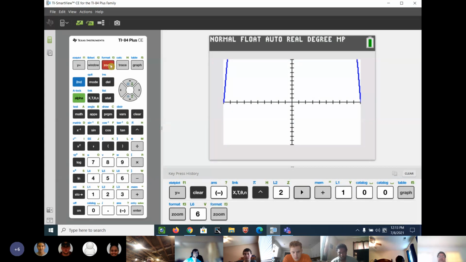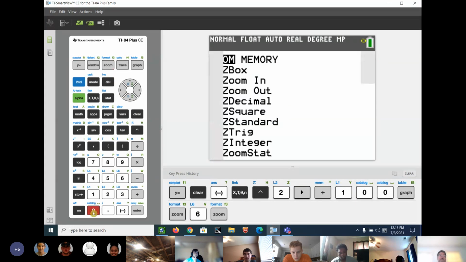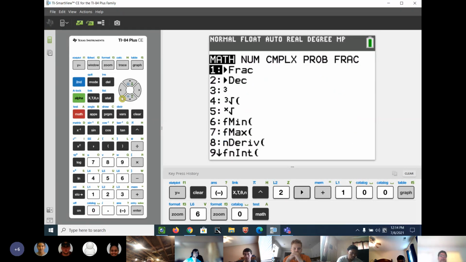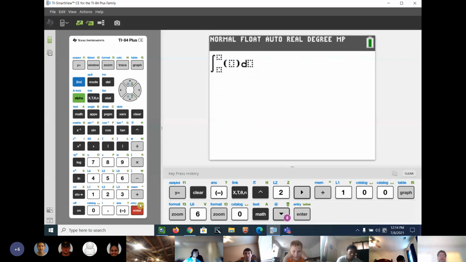And we know it's negative 10 to 10, so we can go to math, function integration from negative 10. The reason I'm doing negative 10 to 10 is to show you that you can do it any of these 3 different ways and you can get the same answer.